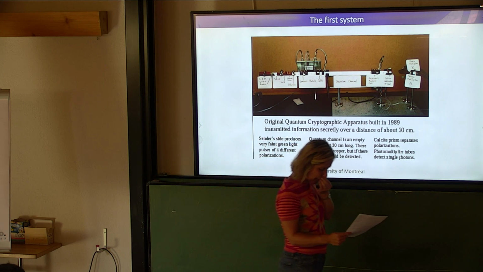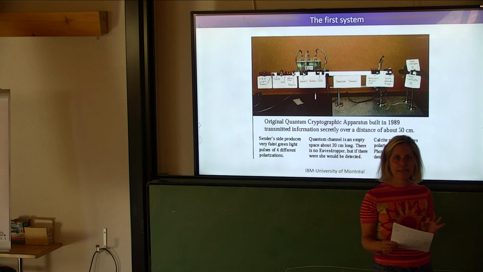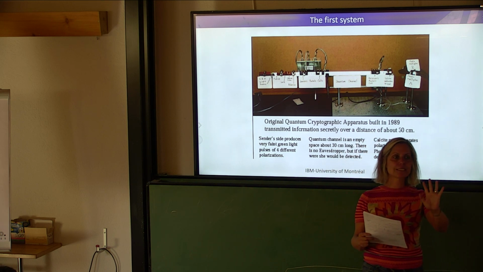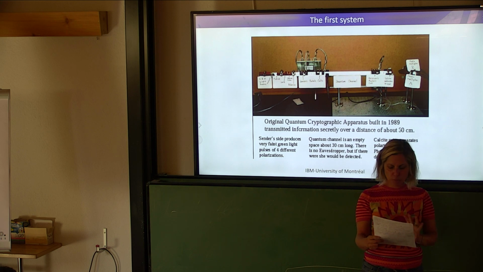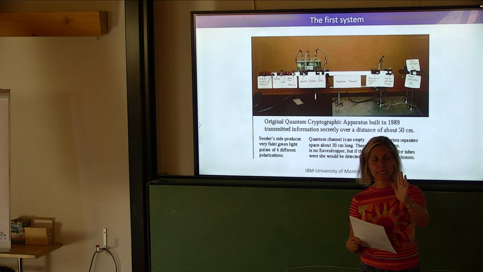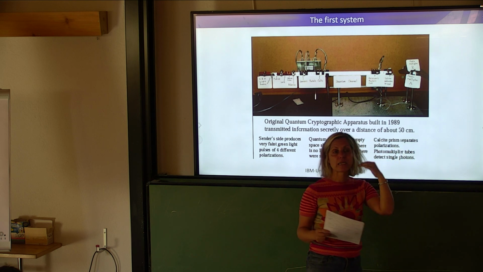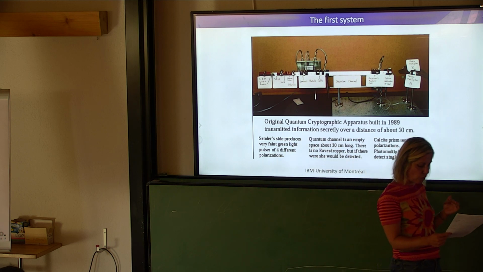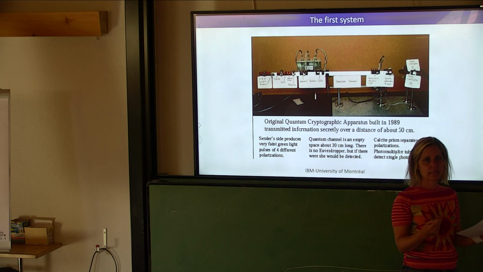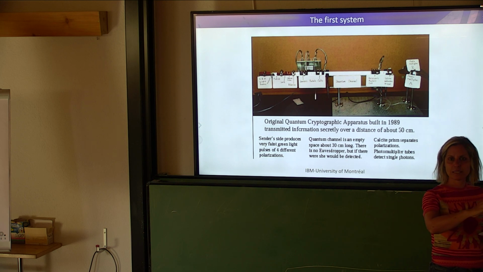She can perform the intercept and resend attack, randomly choosing the basis, but she can also at the same time send a strong signal into Bob's setup. If she has picked the same basis as Bob, then by the way this measurement setup works, the whole pulse is going to go to the correct detector.